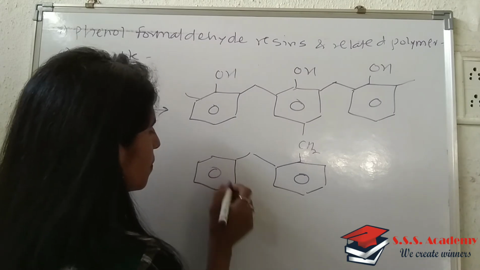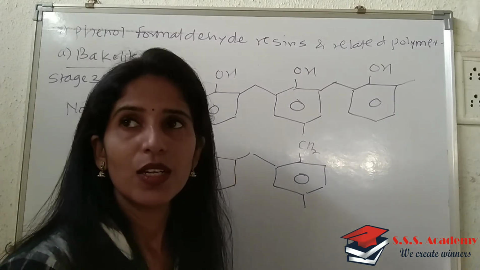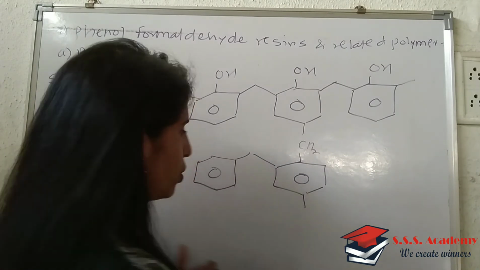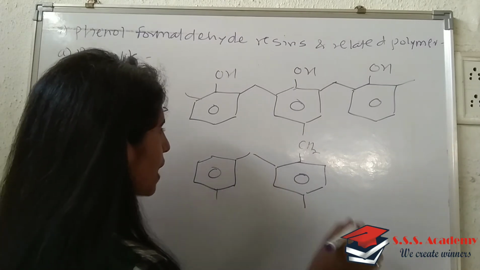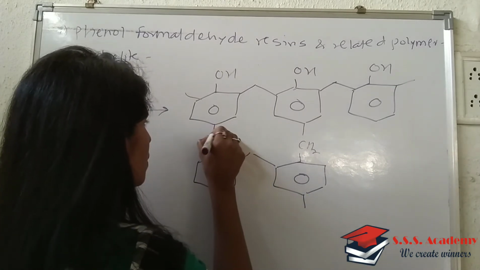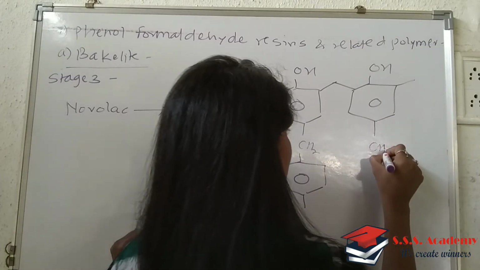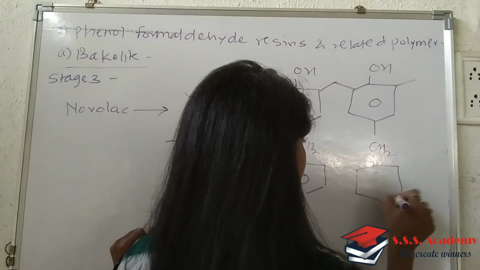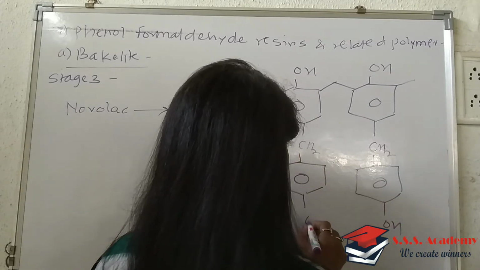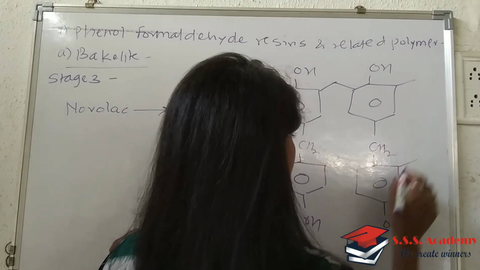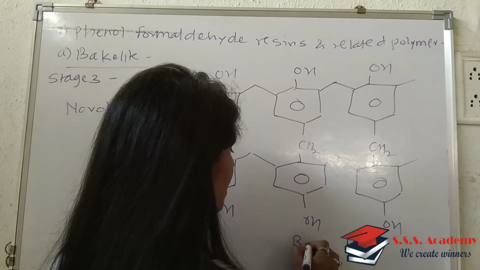And downside you are supposed to write this OH, and the chain continues. So this is CH2, again we will write this, and the chain continues. So this is called bakelite.